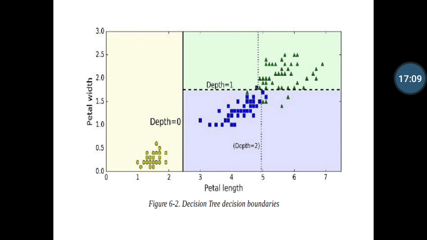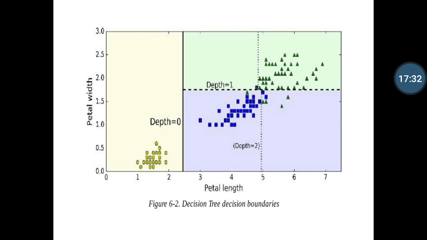Depth 0 defines some values from 1 to 2, and depth 1 is defined by a dashed line, with depth 2 values in blue color, and then from 5 to 7 some triangle values of green type.